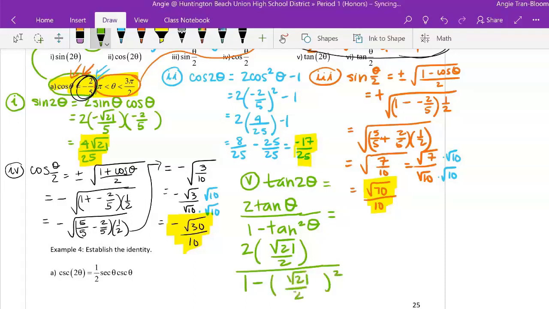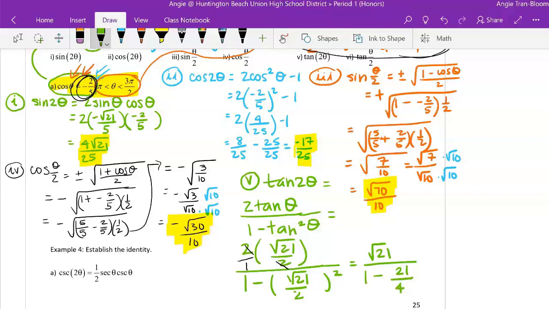Then from here, I'm going to slowly work this out, cancel out things when I can. I can totally make the 2 into a fraction, so these 2 will cancel. Okay, so on the top, I now will have square root of 21 divided by, on the bottom, I will distribute the square power. So here we go. When I distribute the square power, I would now have 1 minus, root 21 squared is 21. 2 squared on the bottom is now 4.